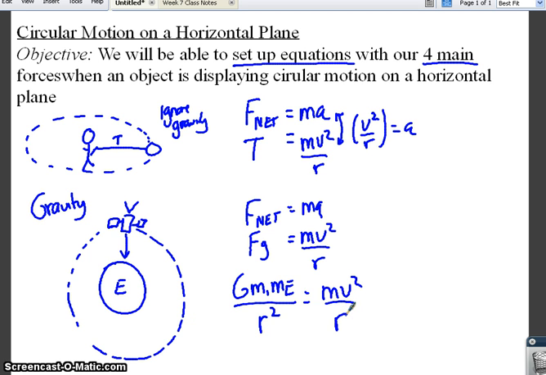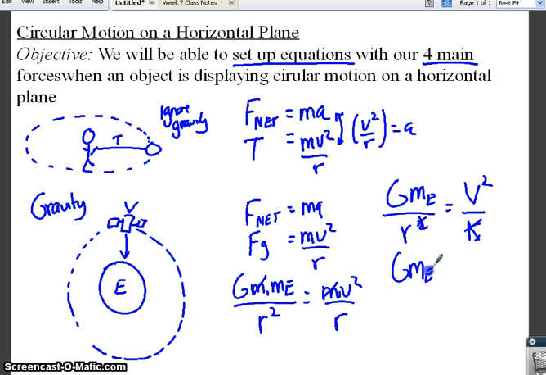So notice that m1 is the same because they're both on each side of the equation. Those cancel out. So we are left with G, mass of Earth, over r squared equals v squared over r. And notice again, r and r are both there. Those cancel out. So G m_e over r equals v squared.